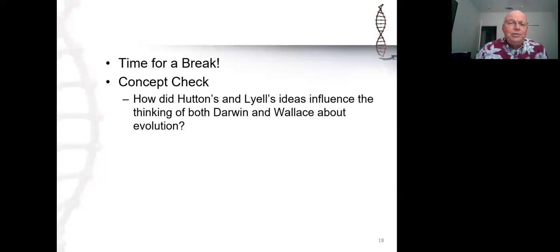So basically, they took the uniformitarian gradualist approach that Hutton and Lyell had proposed for geology and applied it to biology, and said that the Earth evolves over time because of these gradual geological changes, and organisms evolve over time because of gradual biological changes, what would become known as natural selection. So that's how Hutton and Lyell, at two levels, influenced the thinking of Darwin and Wallace.